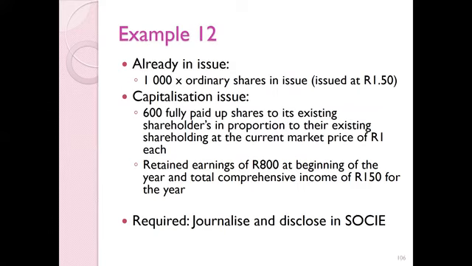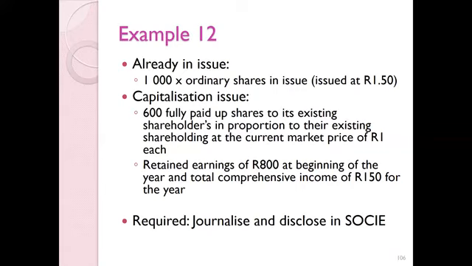So we're now going to apply this knowledge in the form of example 12 from your Grip and Go textbook. This example tells us that already an issue is 1,000 ordinary shares, and they were issued at a price of R1.50 each. We're then told we're going to have a capitalization issue.